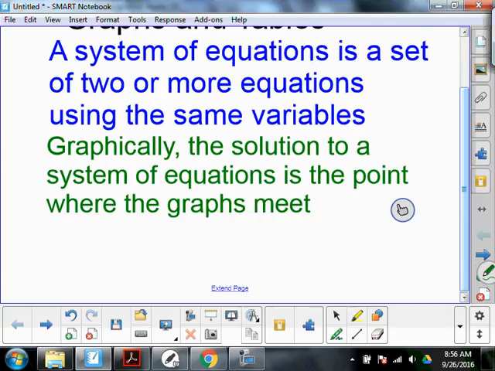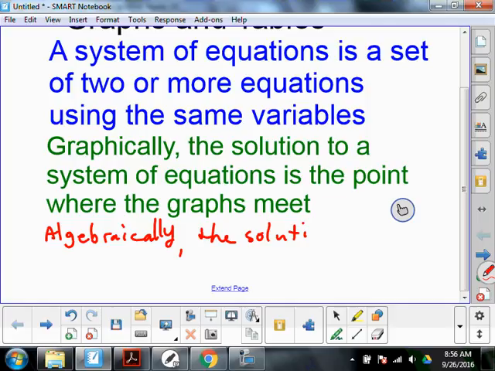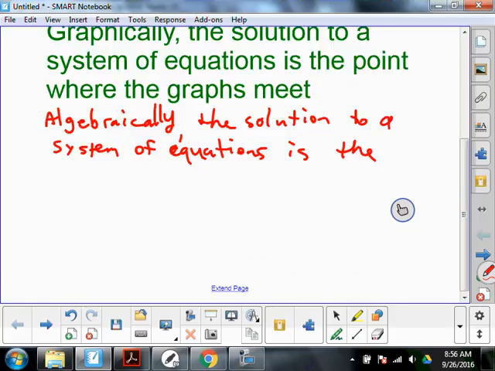There is one more definition that I want you to have in your notes. Algebraically, the solution to a system of equations is the ordered pair that satisfies.